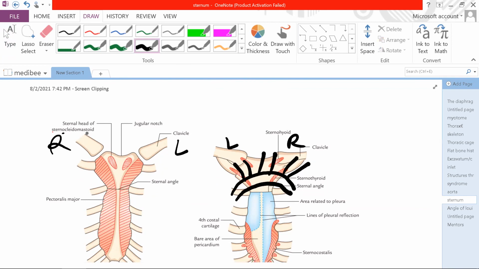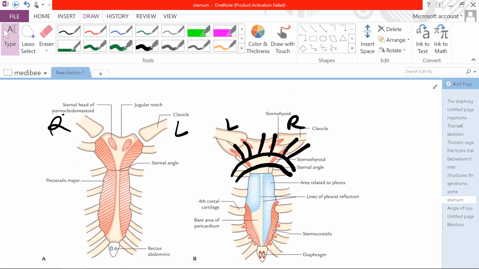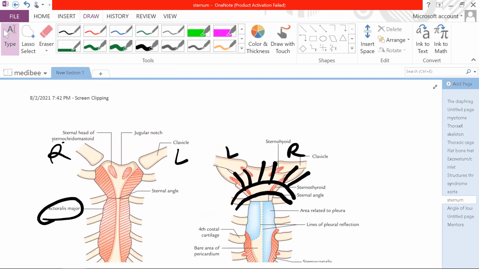You will get more acquainted with this muscle later when we read head and neck. Then, laterally, another muscle takes origin, and that is pectoralis major. So for the anterior surface of the manubrium we have nothing but two muscles, sternocleidomastoid and pectoralis major.